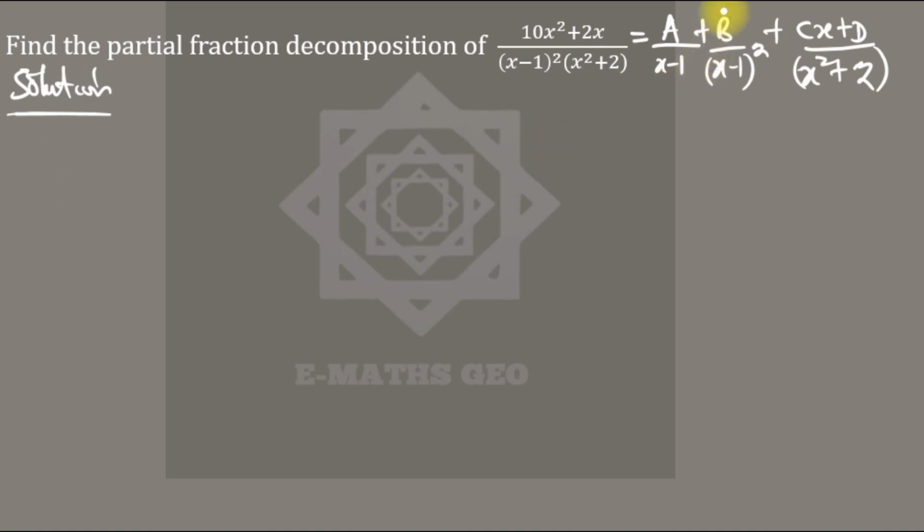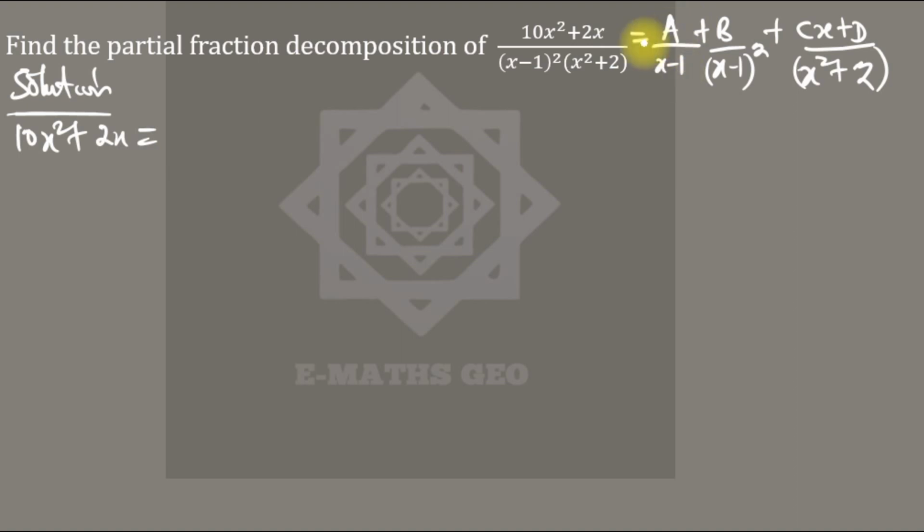So the next step is to multiply by the LCM, and the LCM is this. If I multiply the left hand side by the LCM, we are left with 10x squared plus 2x.